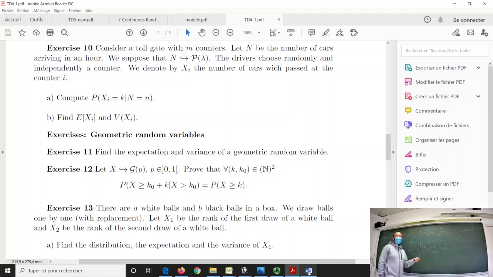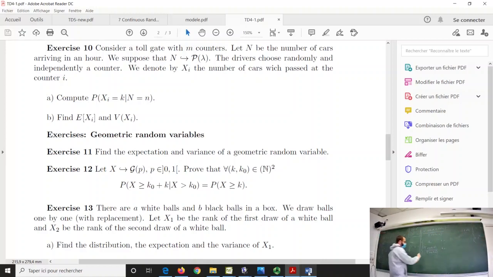For k greater than 1, I can apply this formula, and I obtain 1 minus p to the power k minus 1. And for k equal to 0, I am 1.